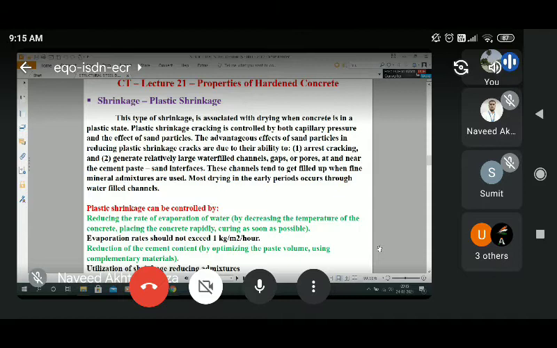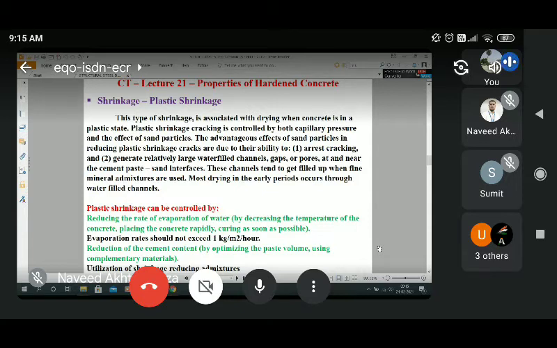It occurs at the earlier ages of your concrete production when it starts hardening. By reducing the rate of evaporation of water, or by decreasing the temperature of the concrete, we can control plastic shrinkage. Place the concrete at the earliest, as soon as we produce the concrete.